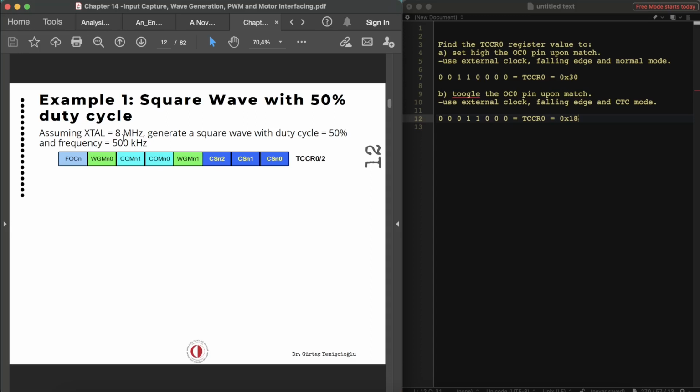And if we repeat the same thing for n equal to 8, then OCR0 is going to be 0, plus 1 to get 8. So OCR0 is either going to be 7 or 0, depending on the pre-scaling factor. So we can have two alternative ways of writing a code for this.